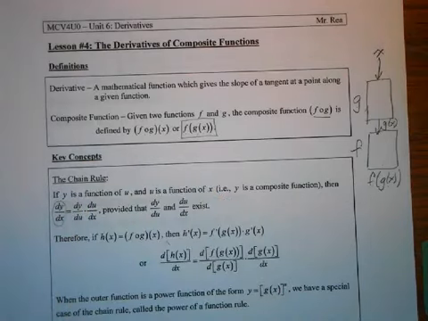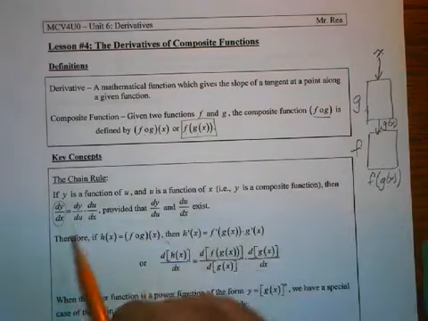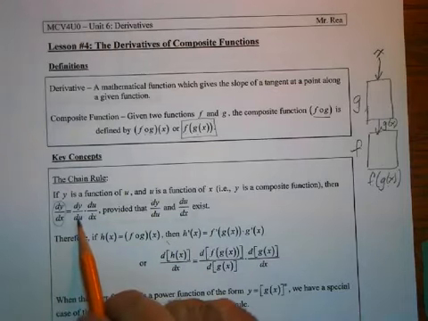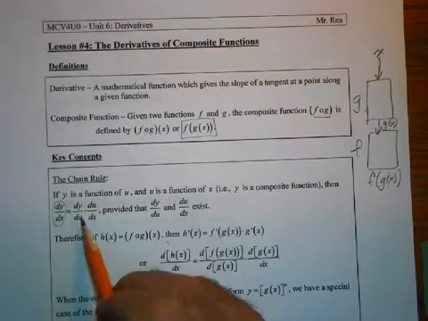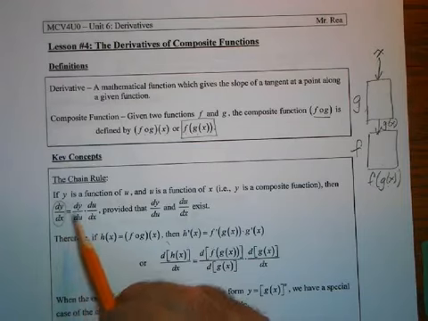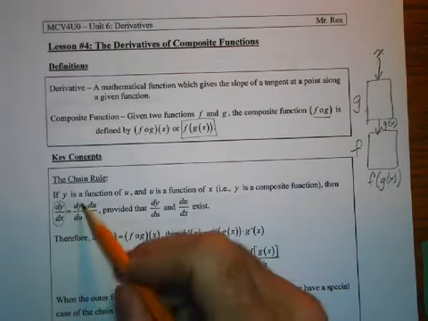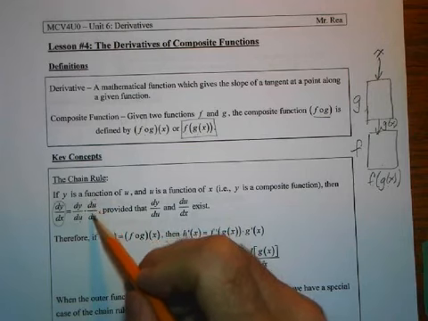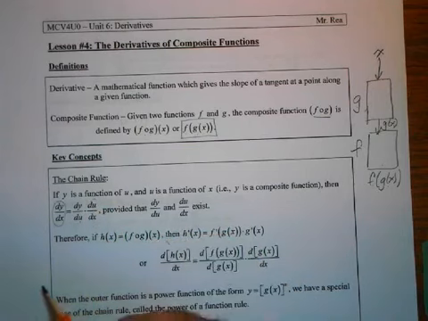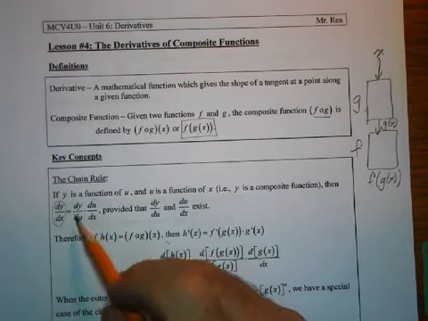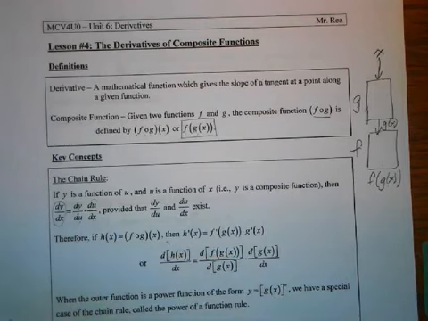We use that for dy by dx. So if you have two different functions, you do two separate derivatives. The first derivative here is the derivative of y with respect to u, that's what that means, times the derivative of u with respect to x. So it's this double derivative, and you multiply the results.